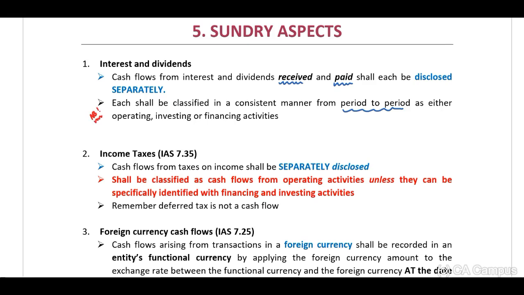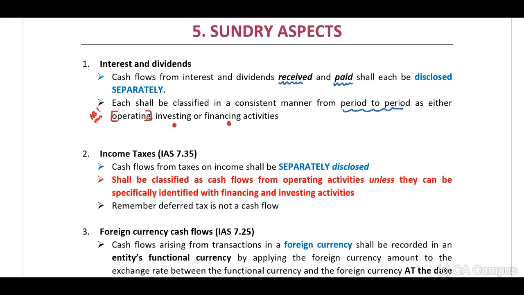If they don't indicate anything, you know that this should be disclosed in your operating activities. But when they specifically indicate to you dividends or interest relates to investing or financing activities, you need to disclose this separately in either investing or financing activities.